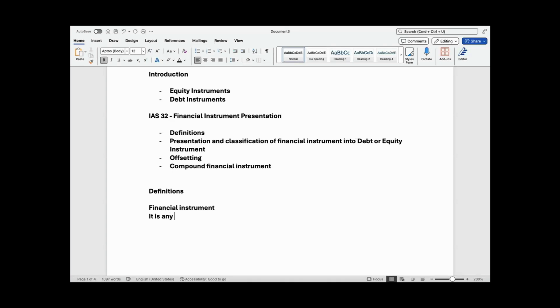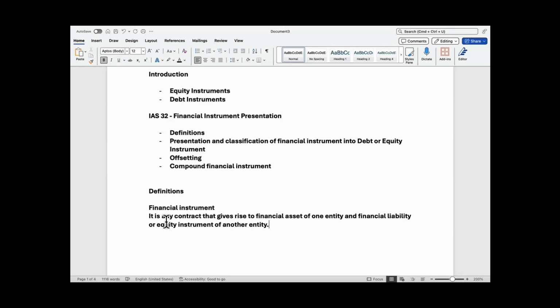It is any contract that gives rise to financial assets of one entity and financial liability or equity instrument of another entity.